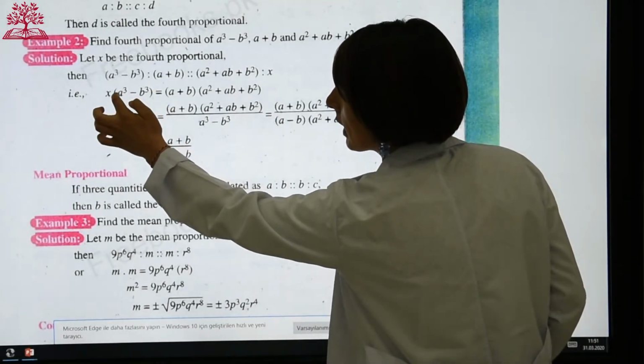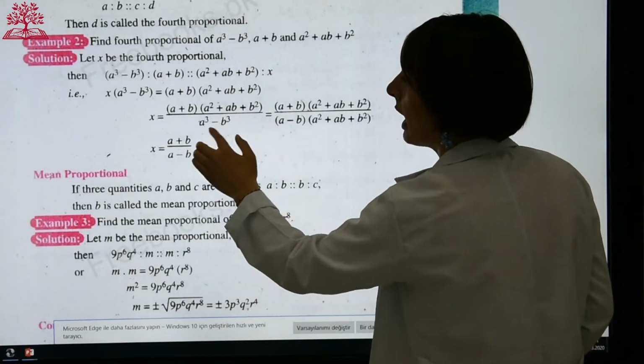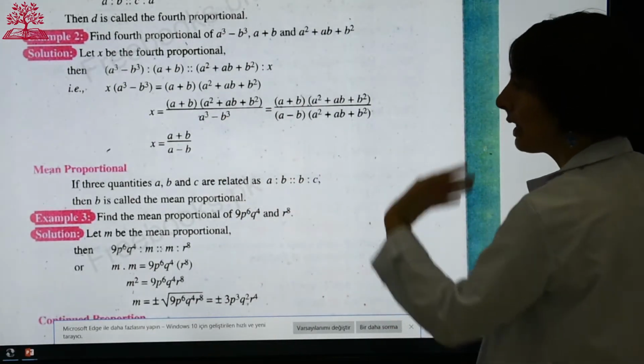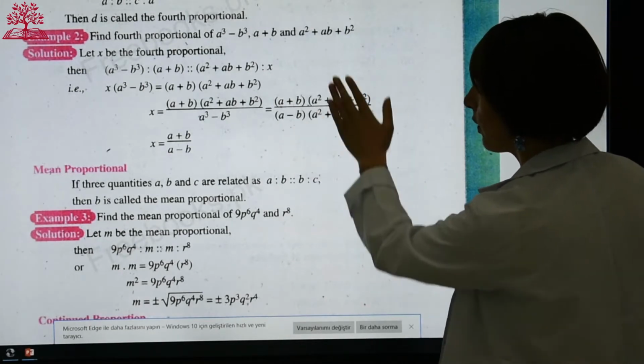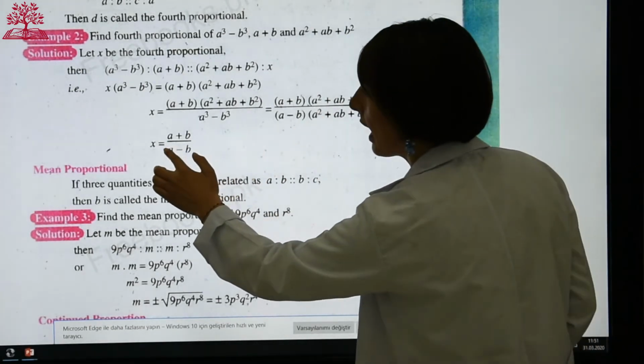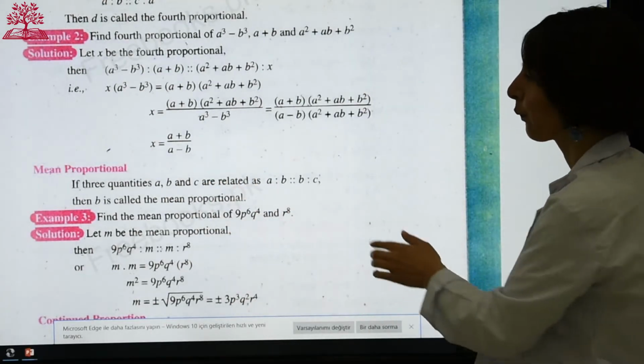So now here is multiplication and I move it to the right as division. And in the end, if you see, I have to simplify these two here, and in the end I'll have that x equals A plus B over A minus B.